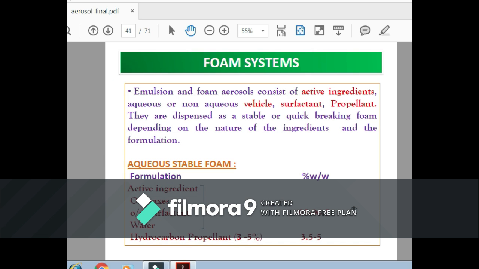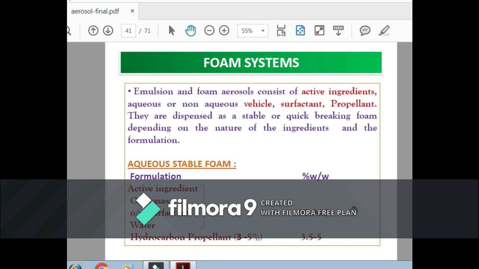Now foam systems. Generally in case of foam system, we are using an emulsion type of system. The foam system consists of your active ingredient as a drug. Then sometimes we have to use an aqueous or non-aqueous vehicle, then a surface active agent as well as your propellant.